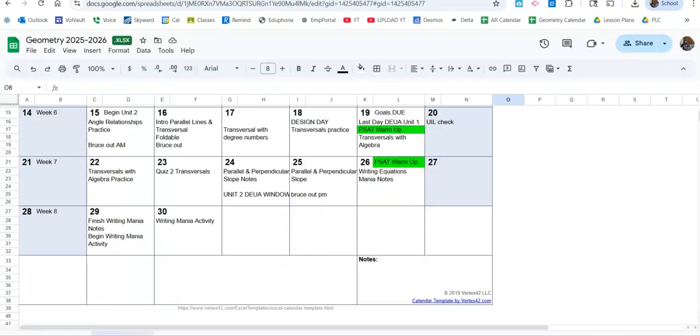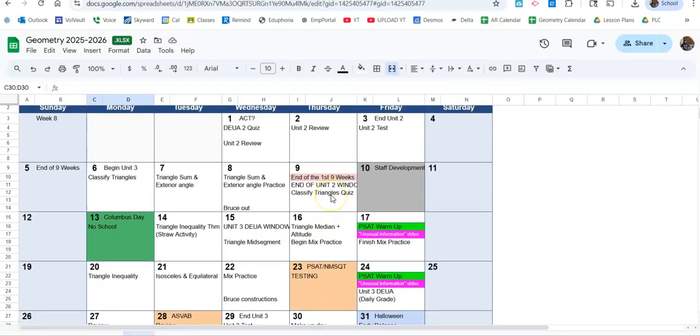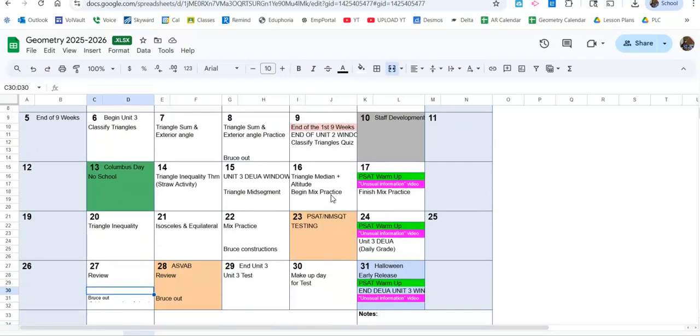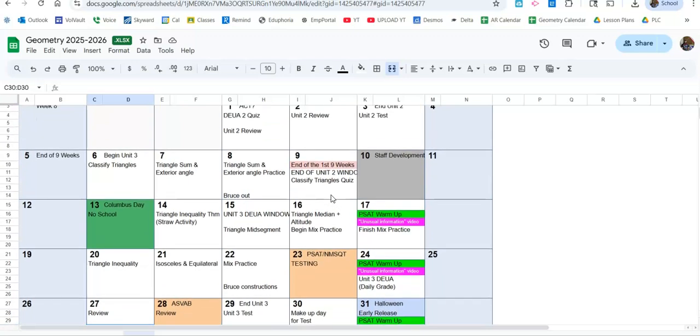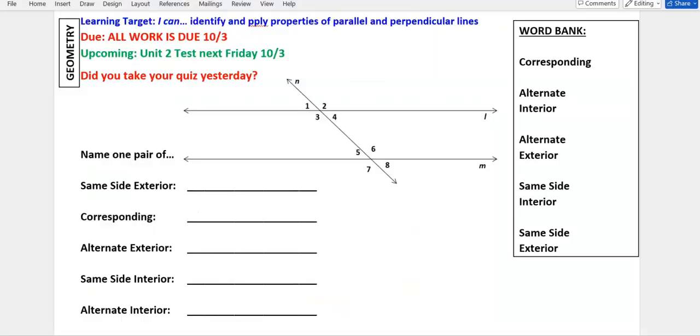PSAT is on the, now that's coming up on the 23rd. Yeah, so not next Friday. The Friday after that. The 10th is a holiday for sure. Now that I've checked.